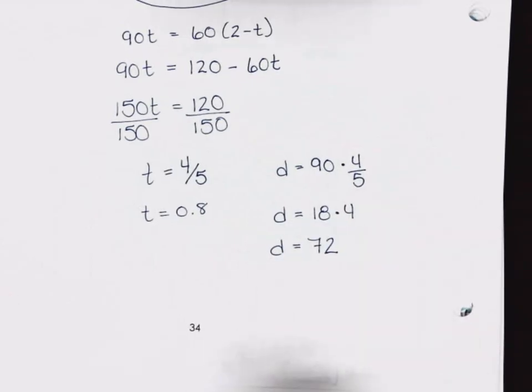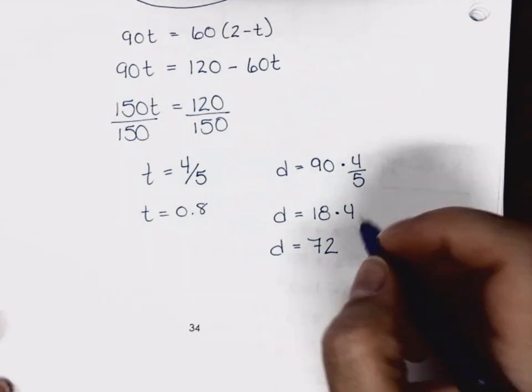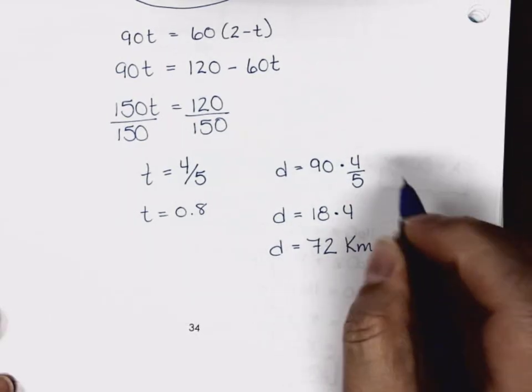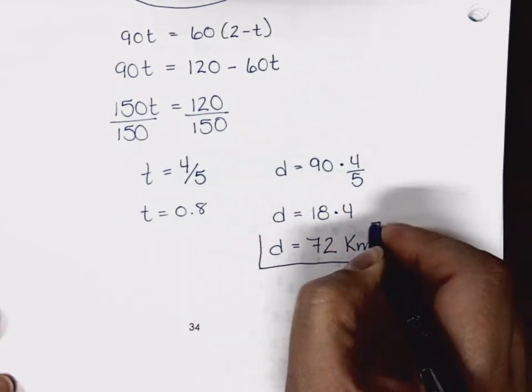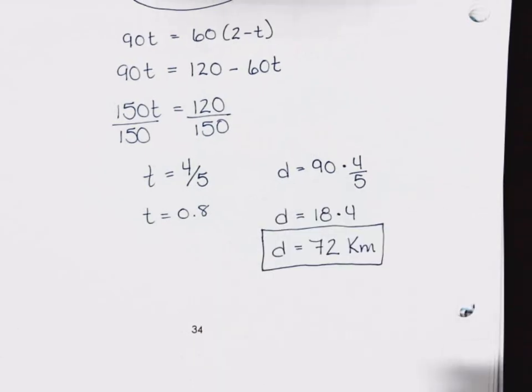72 what? Kilometers. I feel like I could just put in my calculator 90 times 0.8 better. Okay, but just remember that next year we're not gonna have our calculators as much, right? So the more we practice mental math and different strategies in our head, the better it's gonna be.